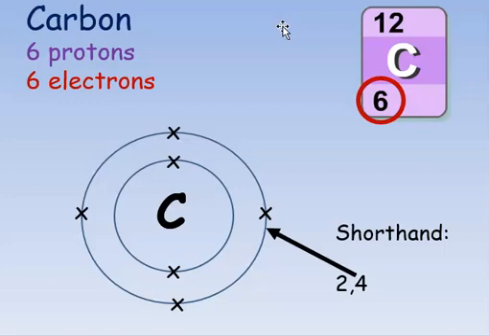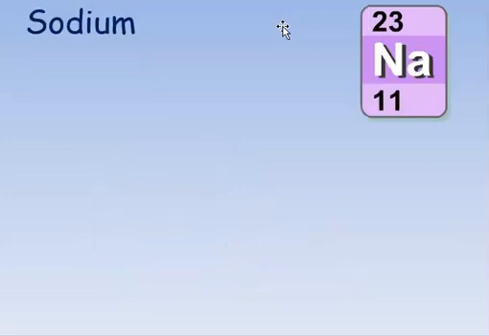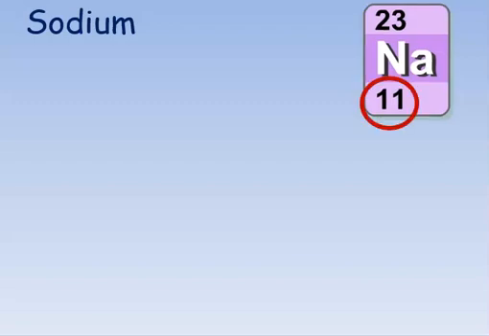Now we're going to look at a second example, and that is sodium. Again, to be able to draw the electron configuration, we need to know how many electrons sodium has. And for that, we need to know the atomic number. So what is the atomic number of sodium? It is 11.